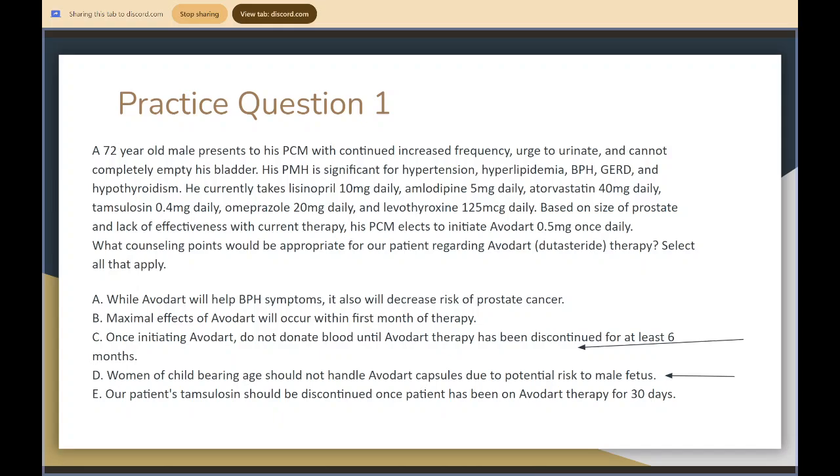Does anyone have any questions or concerns for practice question 1? All right, if you think of one later, I'd be happy to answer it. We'll move on to practice question 2.